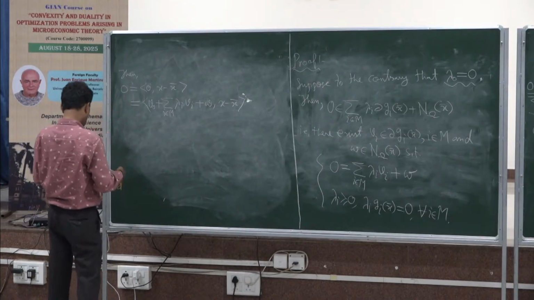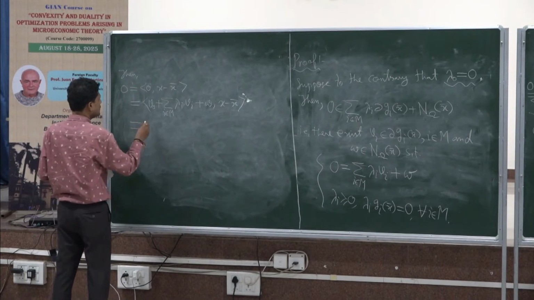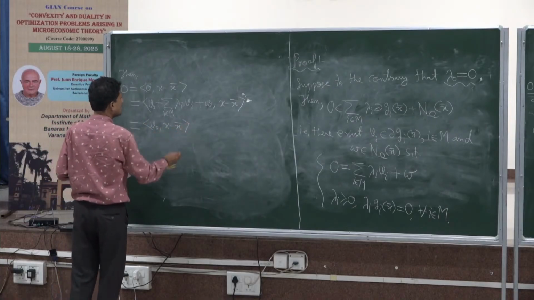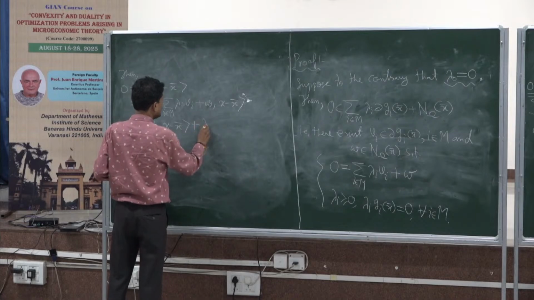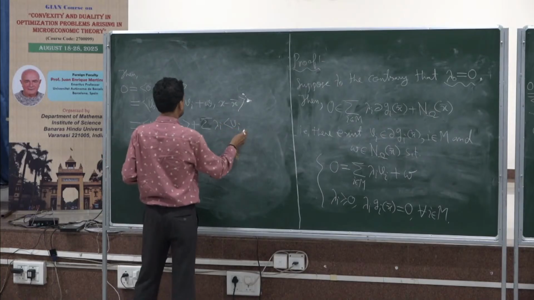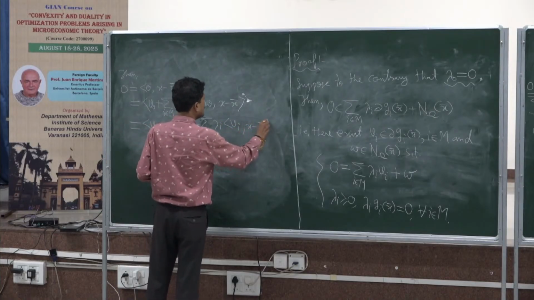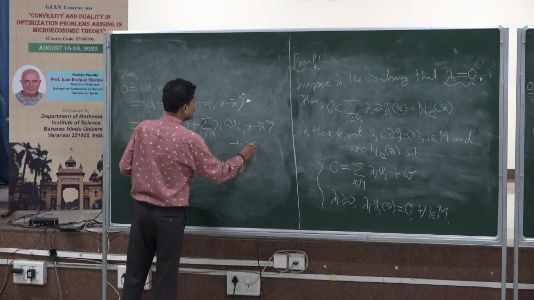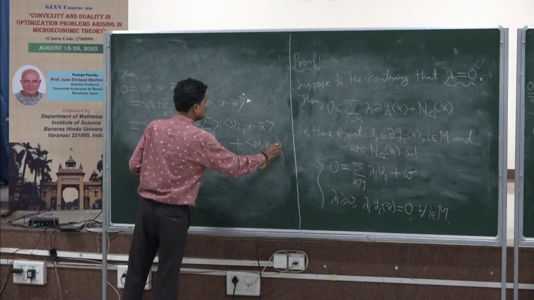And again we can rearrange these terms: V naught (x minus x bar), and this is summation lambda I Vi (x minus x bar), I in M, and omega (x minus x bar), right.